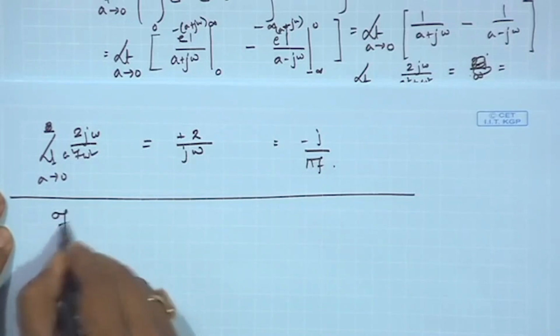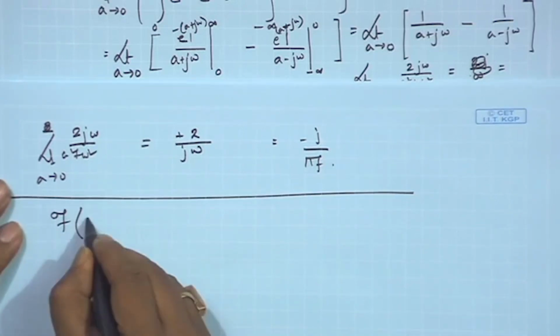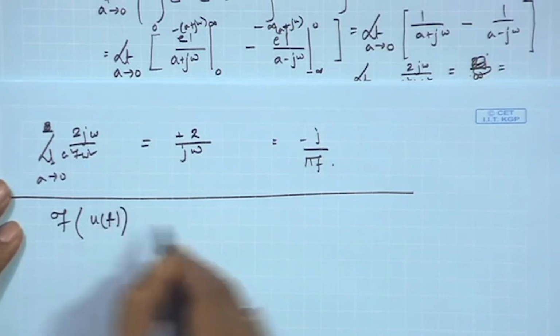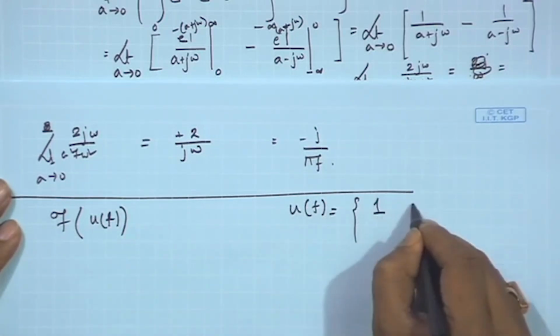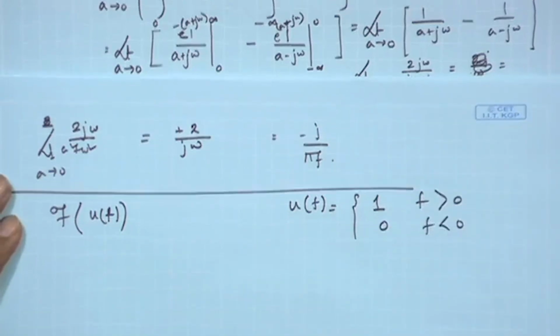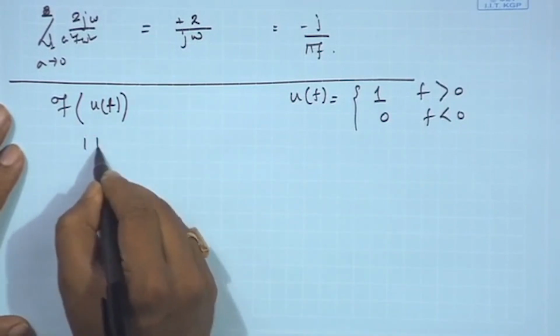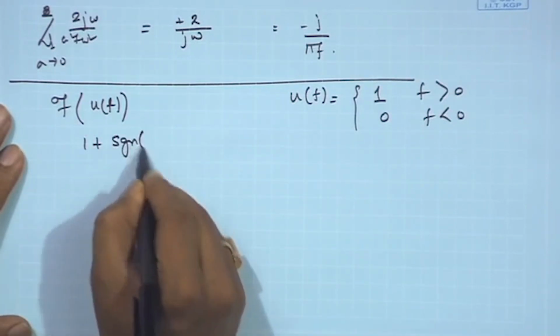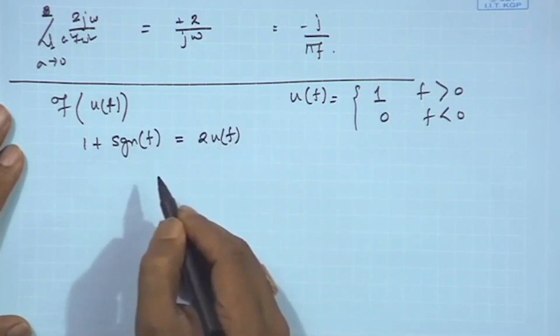What we can now do is, our factor of interest is the Fourier transform of u of f, which is very important, because this is what we are going to use. u of f is equal to 1 for f greater than 0 and 0 for f less than 0. We are going to use a similar technique, and as usual 1 plus sgn of f is equal to 2 u of f.